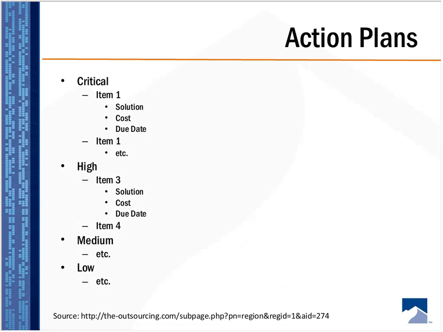And this is just a list format. Item 1, risk 1, a critical risk. What's the risk description, and then what's the solution or options we have? What are the costs, and how are we going to address it? What's the due date? This is the kind of information that we then take into senior management meetings and begin discussions on risk management at that high level.